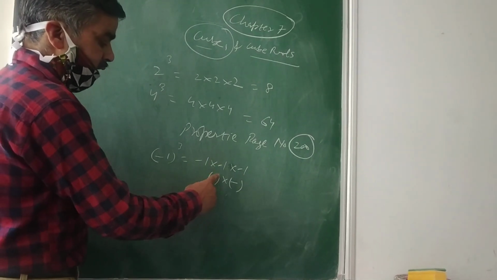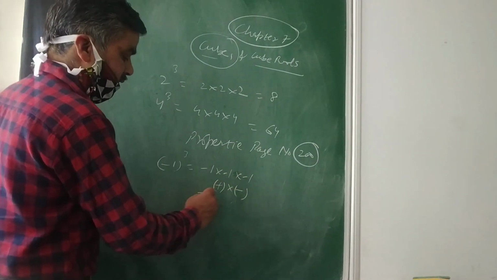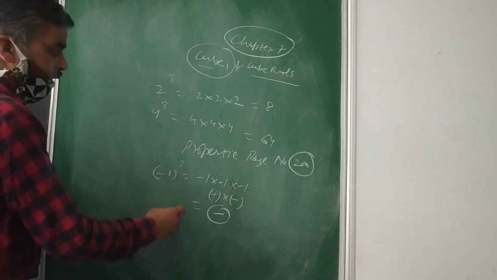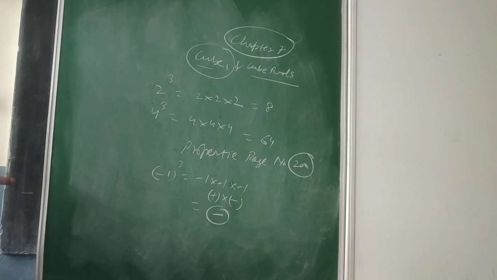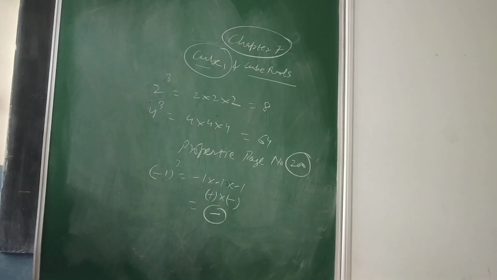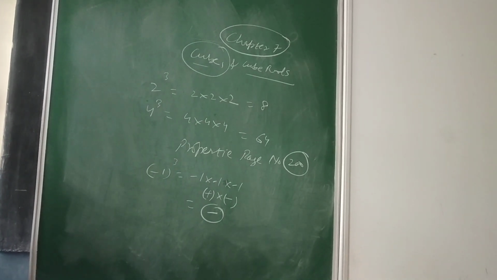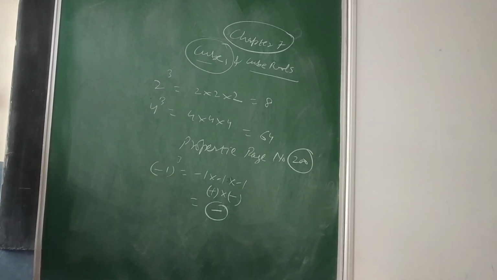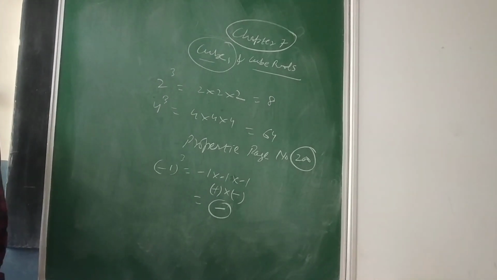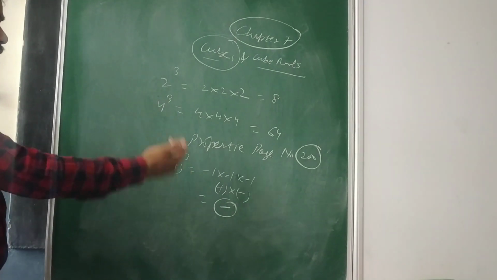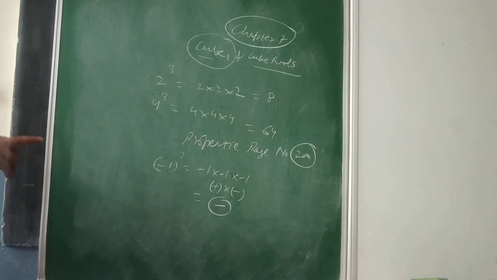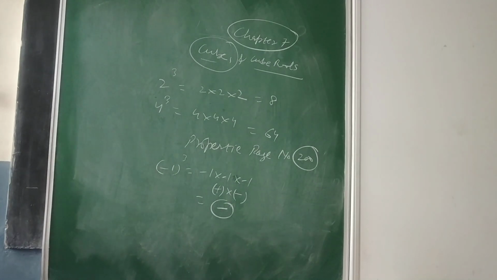So minus into minus is plus, and plus into minus is always minus. Therefore cube of negative is always negative. While we did in squares, square of negative is always positive. That is, -1 into -1 is +1. But when you look at it from the odd power point of view, if the base is minus, the result will also be minus.